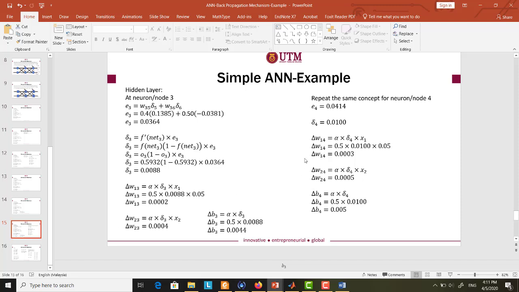This is the updater at the hidden layer. You can see that the updater at the hidden layer is very small, 0.002, 0.004. The biggest one is this one, 0.044. The rest are 0.003 and 0.005. You can see that almost all updaters at the hidden layer are very small.